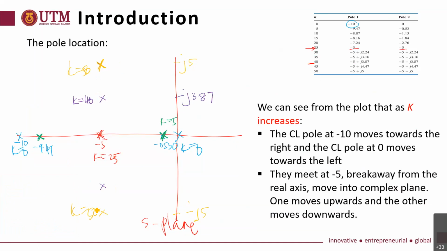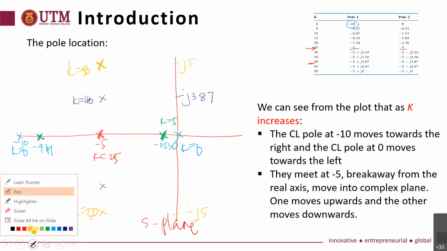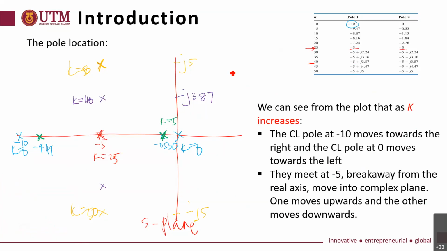We can see that the pole changes with different values of K. When K is 0 it is at one place, K is 5 it changes to another place. K is 25 it is on the real axis, both poles. K is 40 it becomes different. K is 50 it increased.